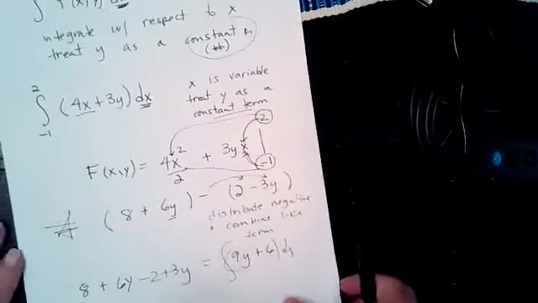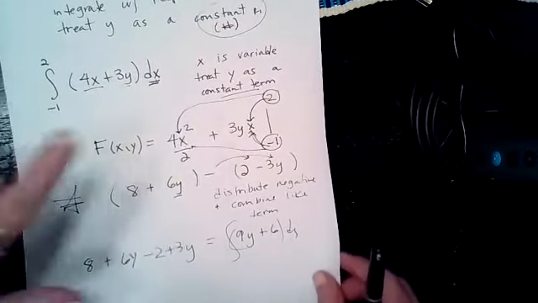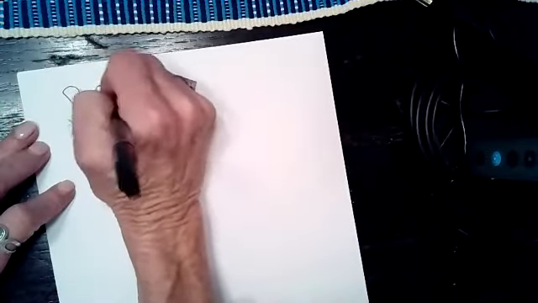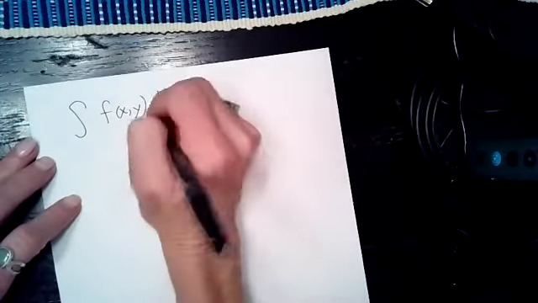Okay, so let's go try one more, and when we integrate with respect to y, okay? And then we'll do our homework. We'll do all the problems in the homework. So if I integrate a two variable function with respect to y, okay, and this is how I know, I always have to look there.